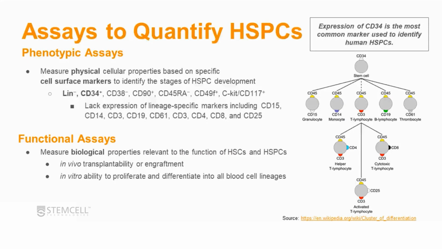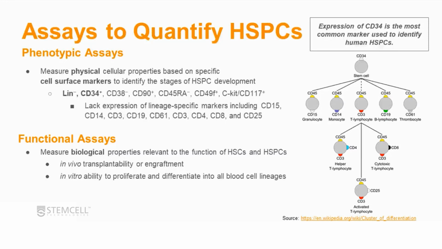A lot of these are listed here, and you can see based on the images which of the cell types and which of the lineages express which of these lineage markers. So to identify true hematopoietic stem cells, they should be CD34 positive and lineage negative.